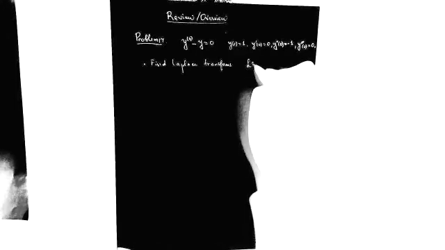To answer such a question, the first thing to do is to find the Laplace transform of the functions that are involved. Here you have the fourth derivative and you have y itself. So you've got to find the Laplace transforms, and we call the Laplace transform of y capital Y of s.